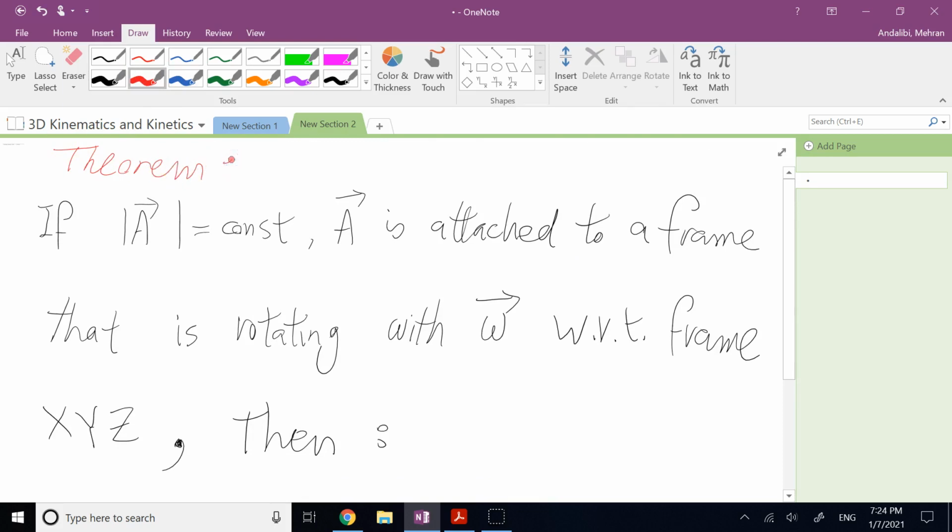That's the basic of the kinematics of rigid bodies.